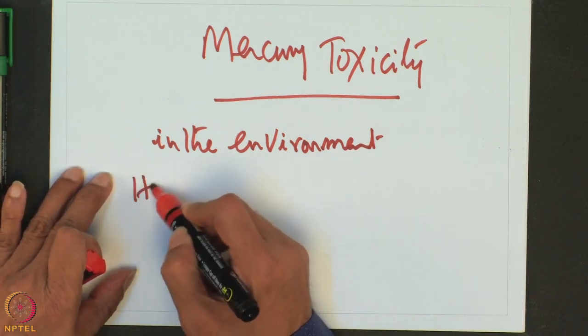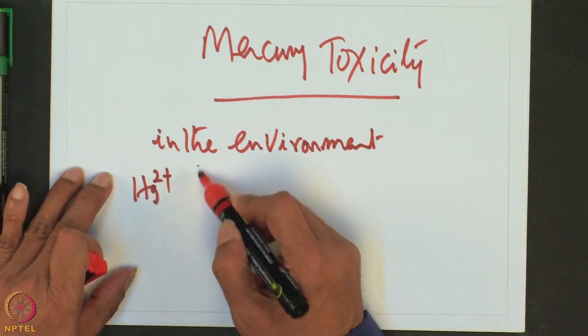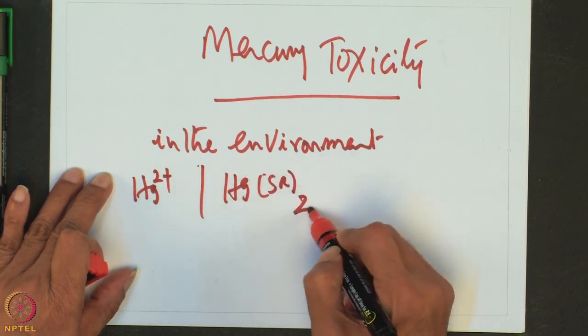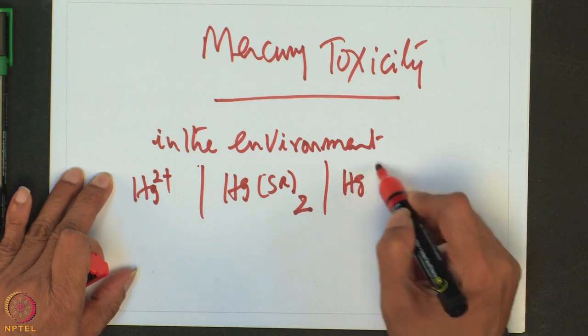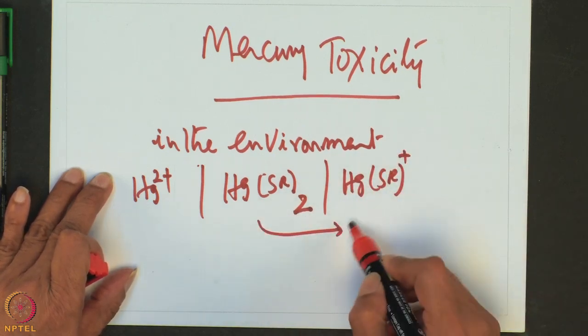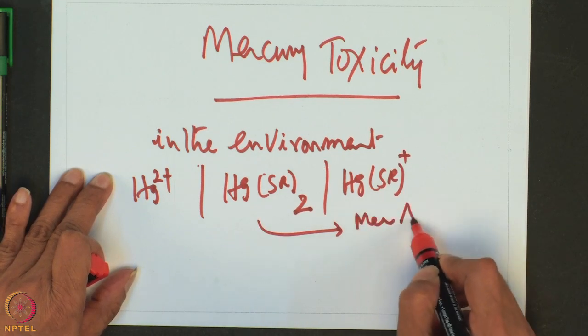So, if the mercury is in the mercury 2+ or Hg(SR)2 etc. or HgSR 1+, all of these can act directly with Mer-A.